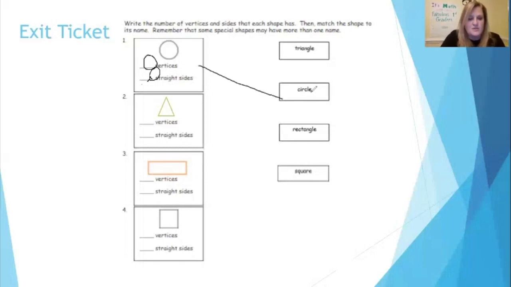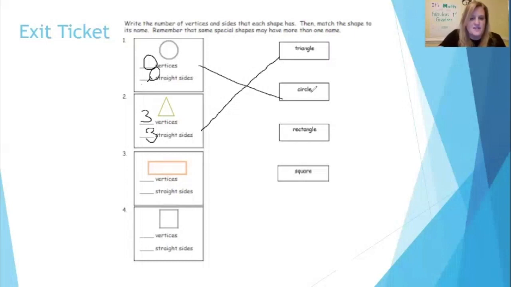Number 2, what shape is this? Great, a triangle. And it has how many vertices? 1, 2, 3. And how many straight sides? 1, 2, 3. And I'm going to connect to the word triangle. Number 3, what is this shape called? A rectangle.